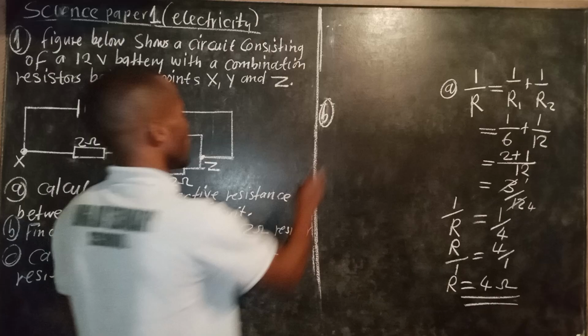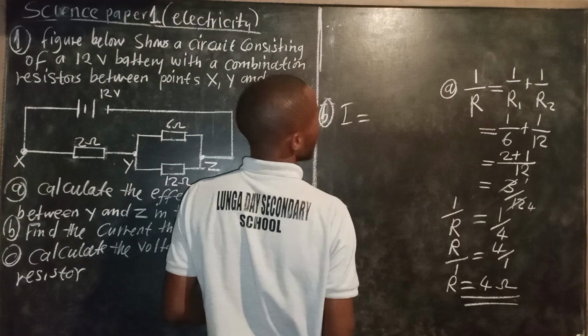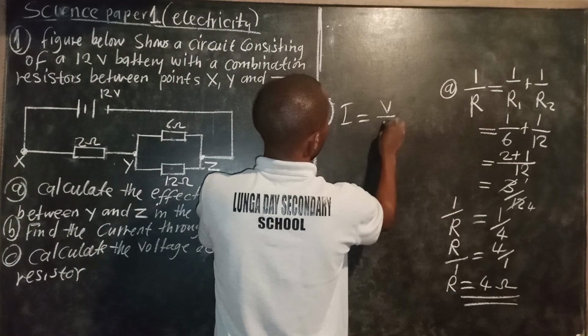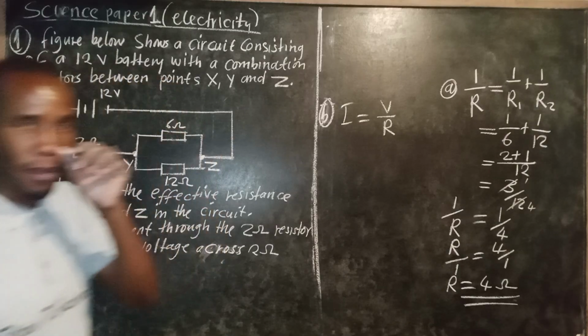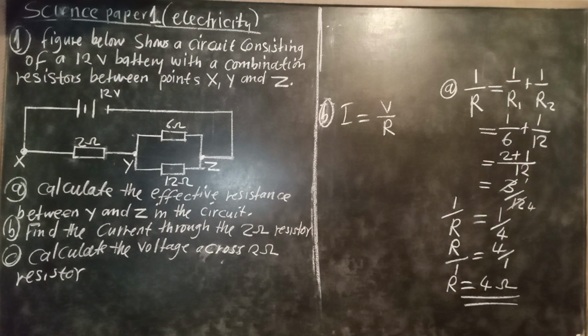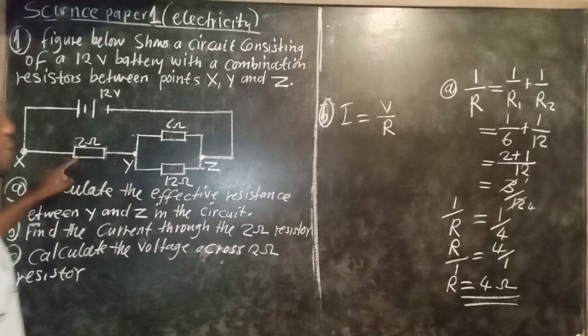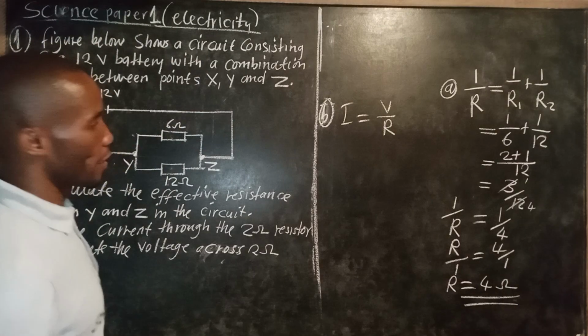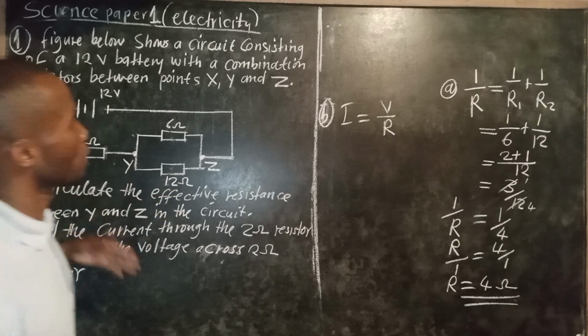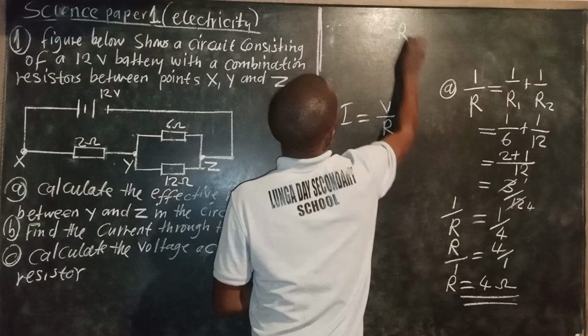So now here, the current formula is voltage over resistance. That is the formula for current. So now, what we are going to do for us to find current, I mean for resistor. Do we have resistor? Yes. But this time around, we have to calculate now the whole resistance in the circuit. So for us to know that, you can maybe write it here.